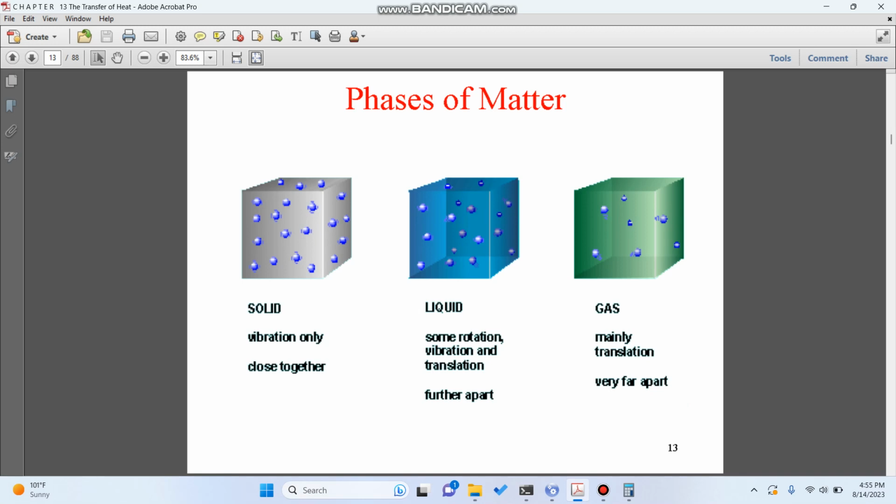So these are the phases of matter: vibration; rotation, vibration, and translation; and in gases, only translation.